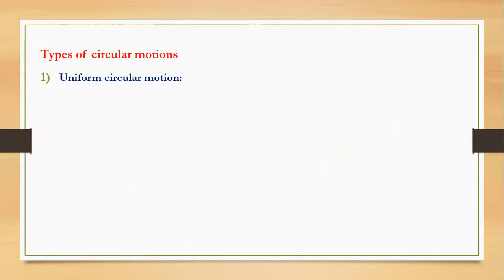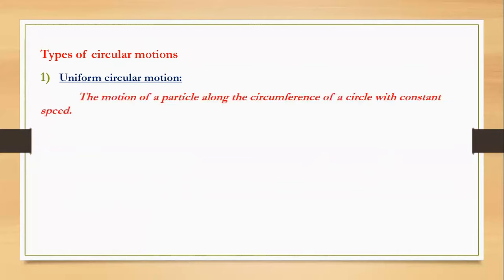The first category is the one with a constant speed, and it is called uniform circular motion, abbreviated as UCM. What is UCM? Uniform means constant. I told you we classify based on the speed. The speed is constant here. Circular motion with constant speed is uniform circular motion.